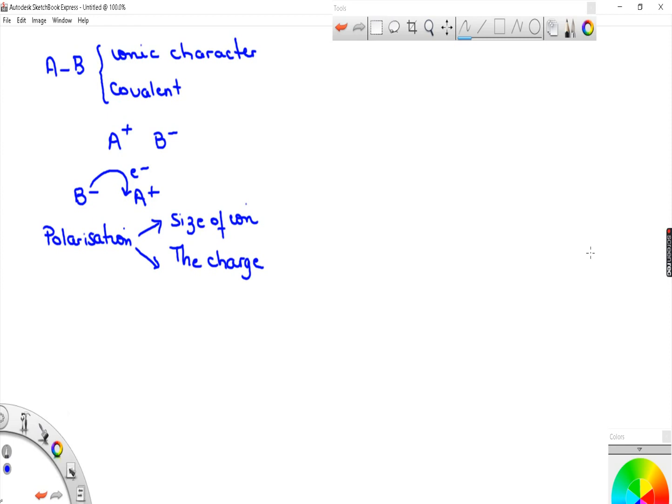Why do I explain the polarizability? Because in the organometallic bond we have a bond between a metallic ion M and a ligand L, and the bond is M plus, L minus.